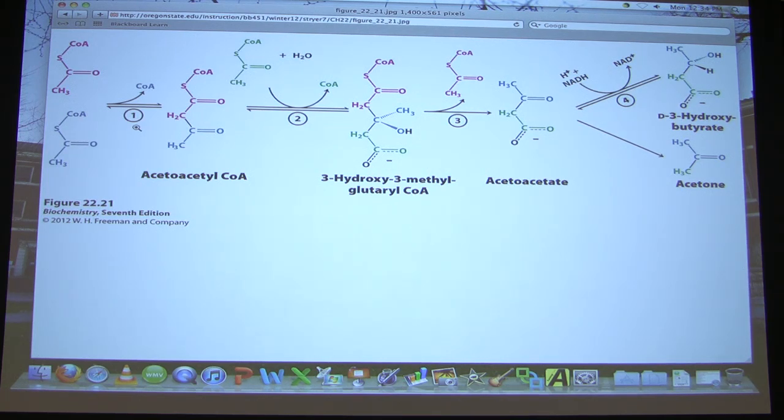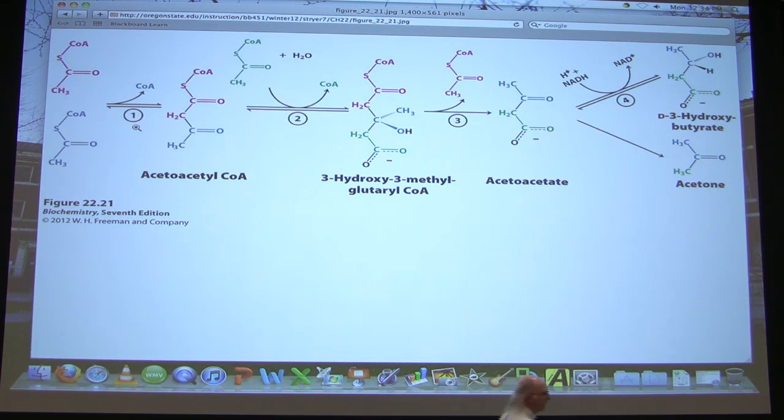It's going to make 2 acetyl-CoAs from 1 4-carbon acyl-CoA. Well, all we're doing with this reaction is going backwards. In the normal oxidation process, we'd be going right to left. In the synthesis of ketone body direction, we're going from left to right. Same enzyme, thiolase. So thiolase catalyzes that first reaction.